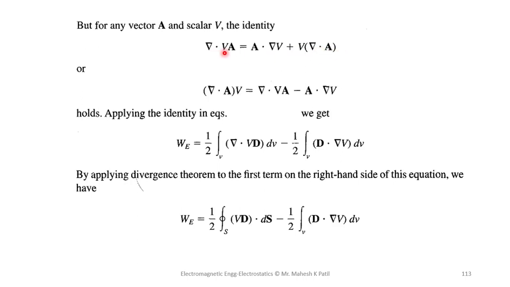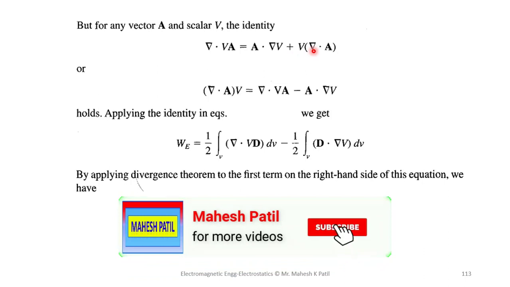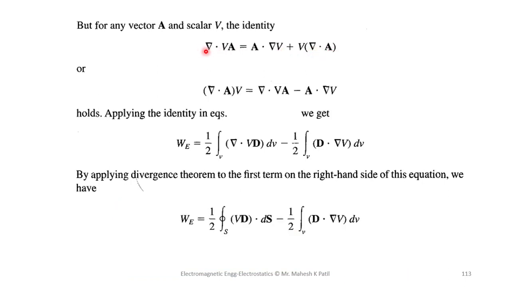So del dot VA can be written as A dot del V plus V into del dot A. This is the vector identity. That identity says that if I take the divergence of scalar into vector, it will be reduced like this. Now I'm going to take the help of this equation.